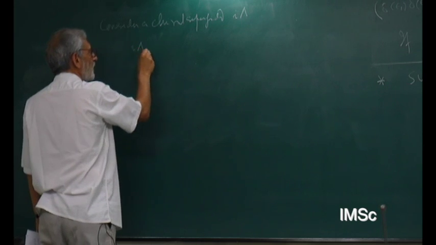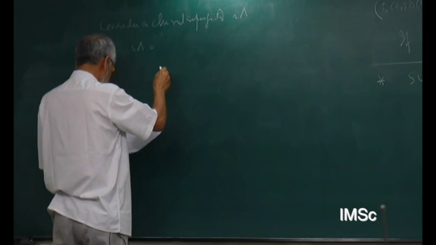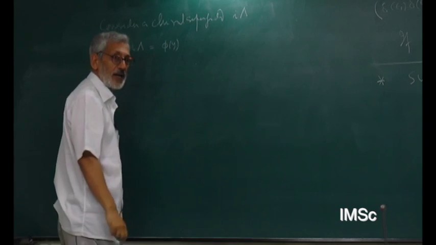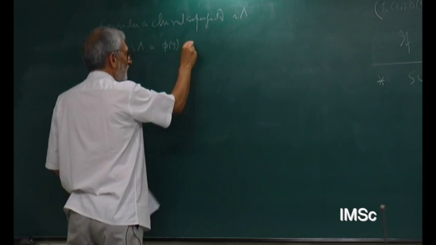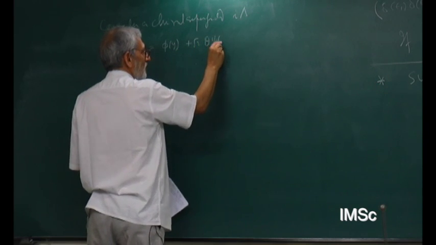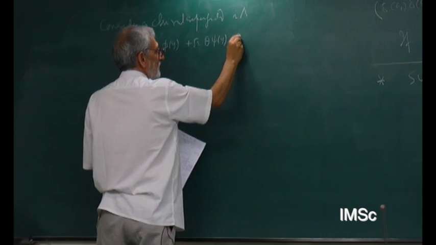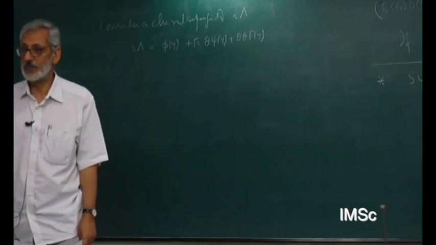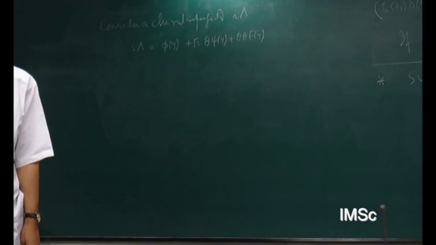Since this is a chiral superfield, I should be able to write it as a function of y and theta, as an expansion: phi(y) plus root 2 theta psi(y) plus theta theta F(y). This is a chiral superfield, so I can write it like that.